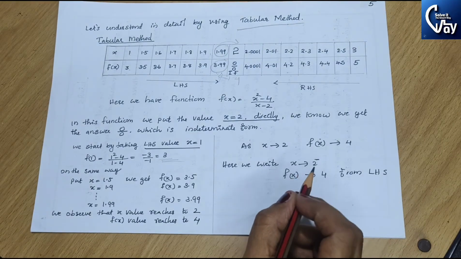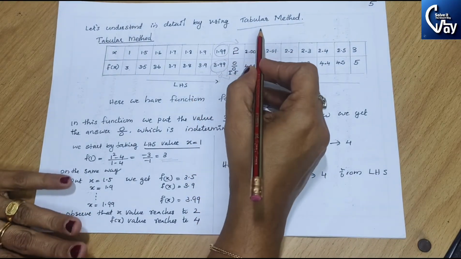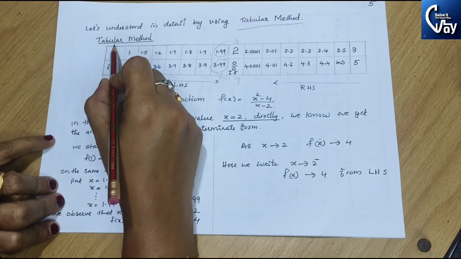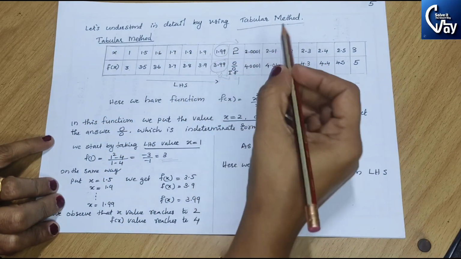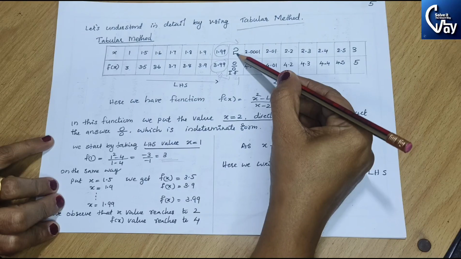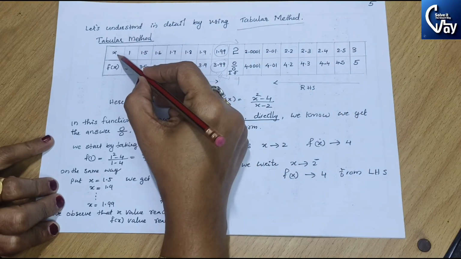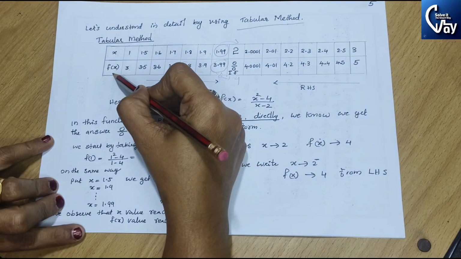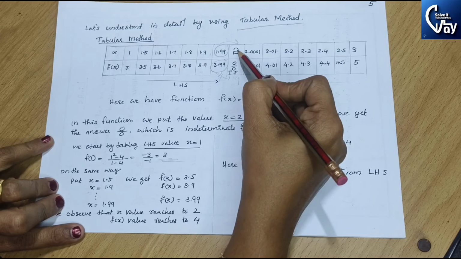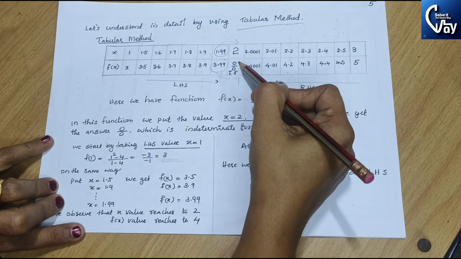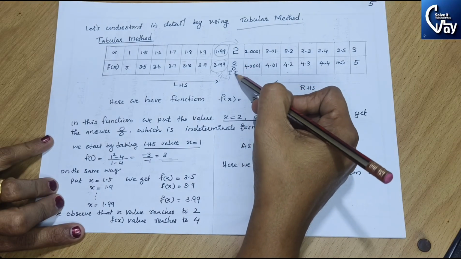Now, let's understand in detail by using the tabular method. This is the tabular method. This is 2. This is the x value. This is the f of x value. At x equal to 2, we all know the value is 0 by 0, that means indeterminate form.